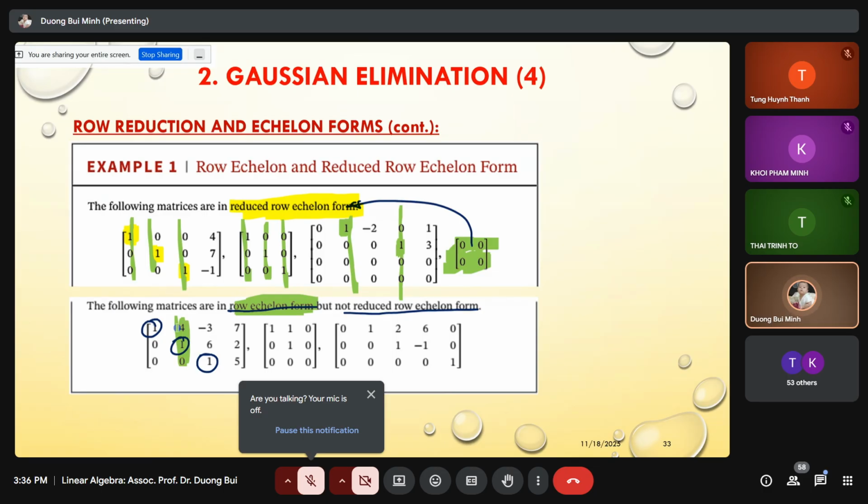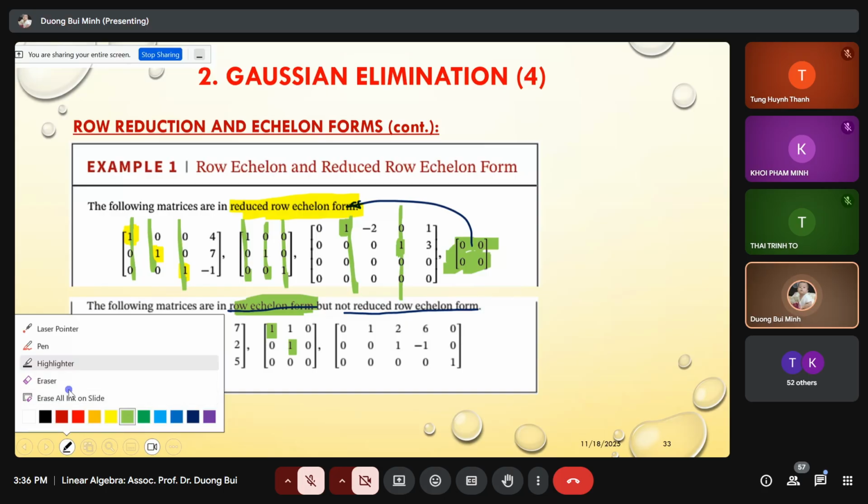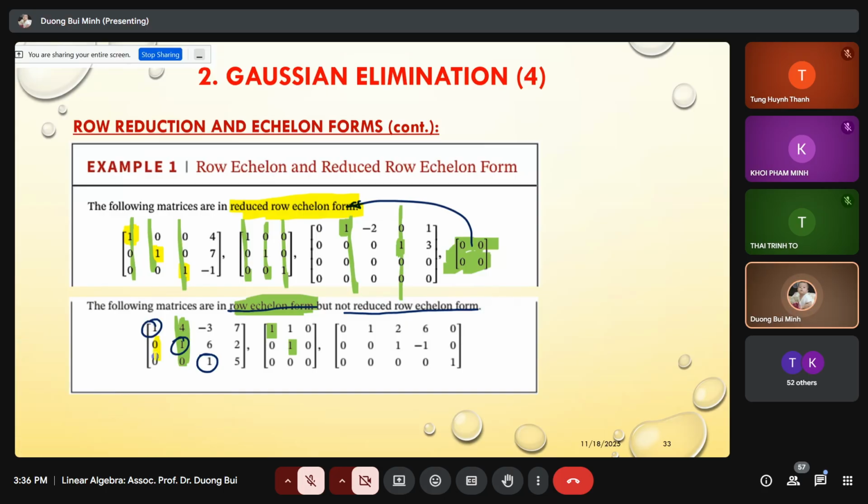The entries below the leading entries must be 0.